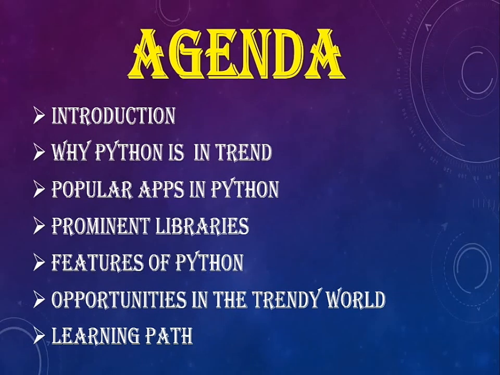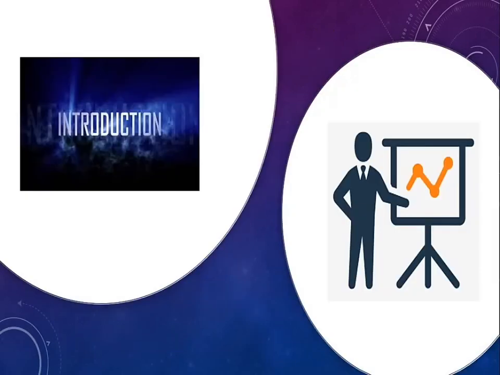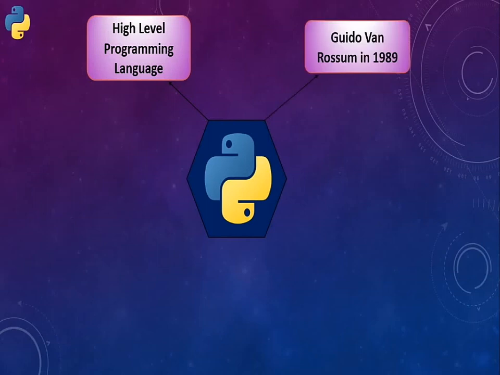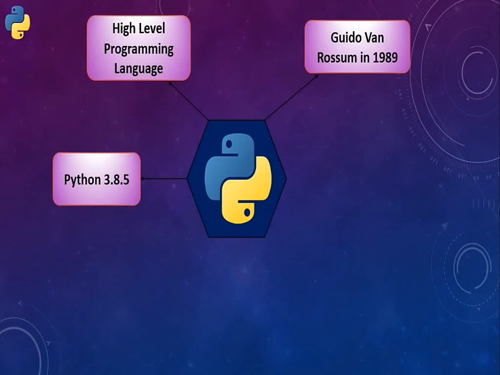Now let's get started. Introduction to Python. It is a high-level programming language. Why is it? Because it generates machine-independent code. It was developed by Guido van Rossum in 1989. Its latest version in market is Python 3.8.5.